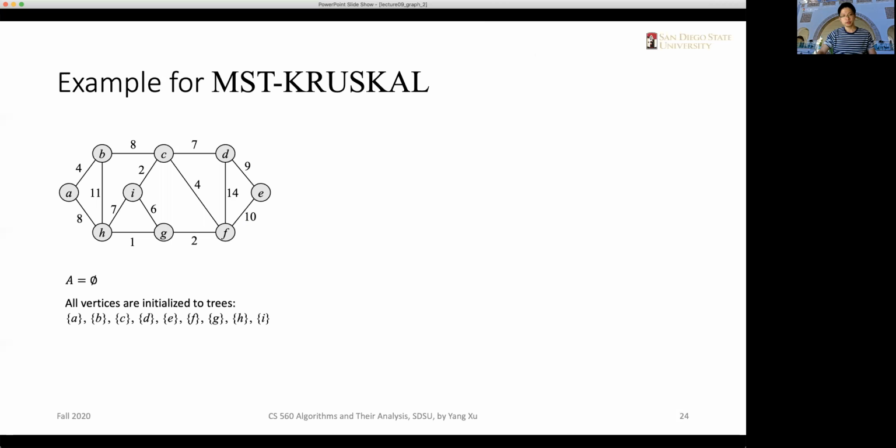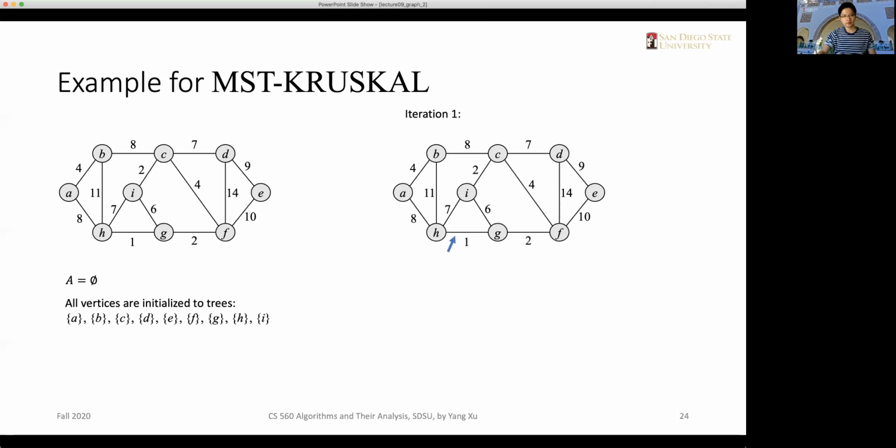All the vertices are initialized to trees, each in the smallest sets. In the first iteration, we'll start from the least weighted edge, which is HG, with weight 1.